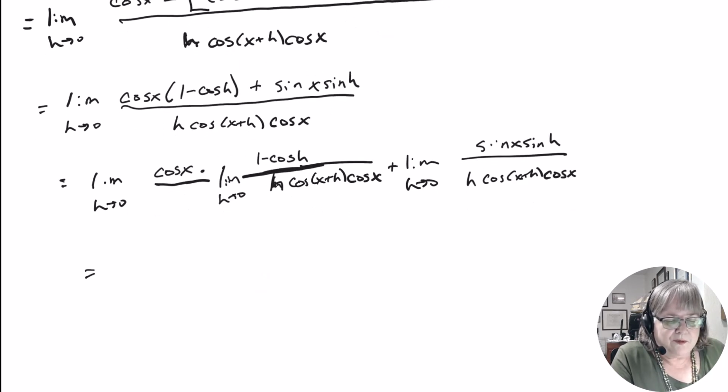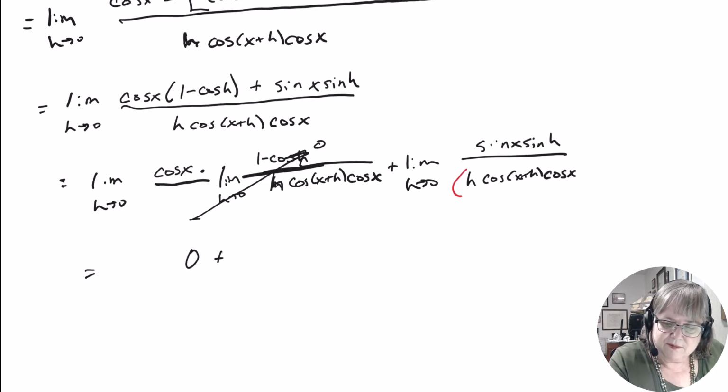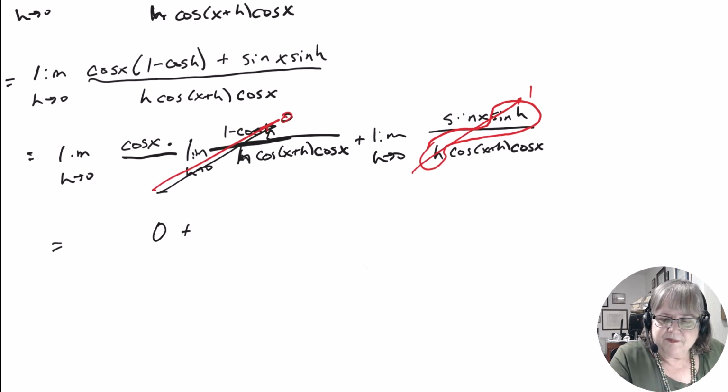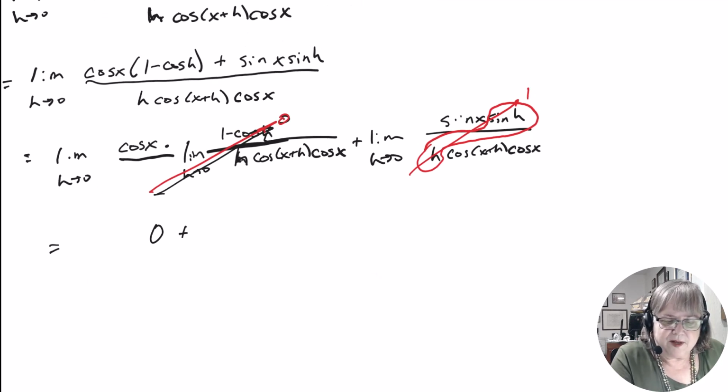All right, so what this is going to do is go to 0 plus, and this part right here is going to go to 1, right? This is going to drive to 0. This is going to go to 1, right? So what you have is sine of x over cosine x squared.